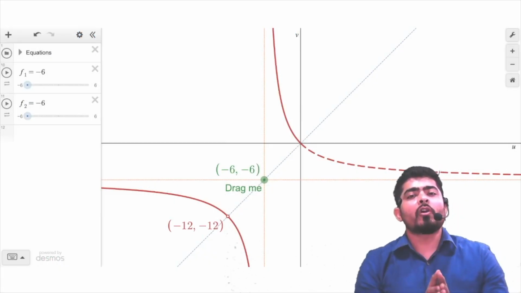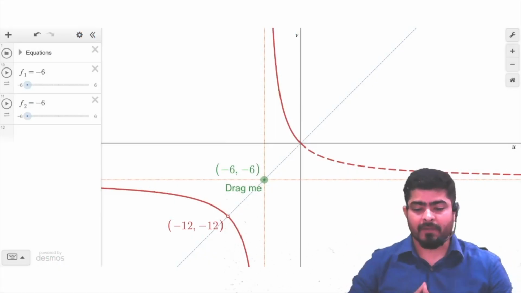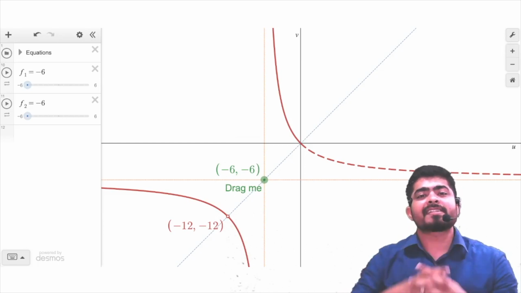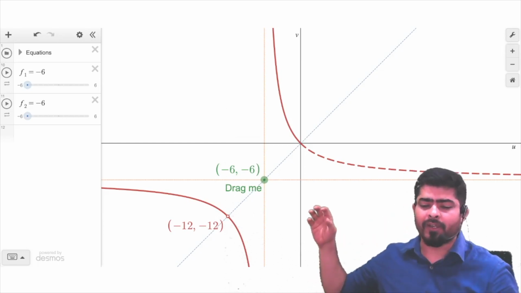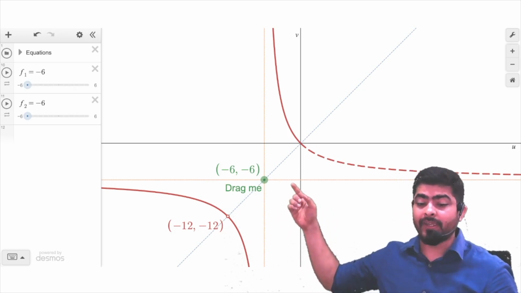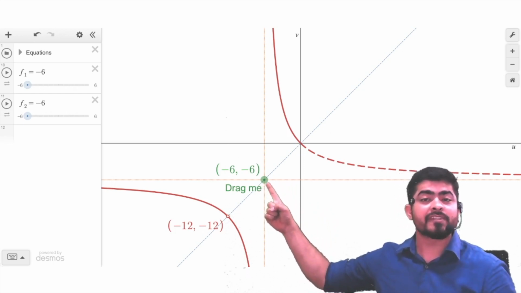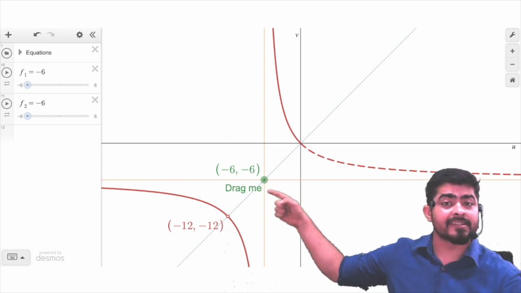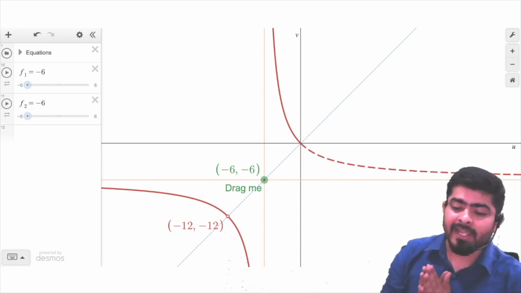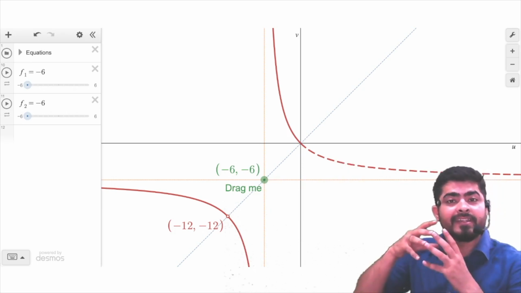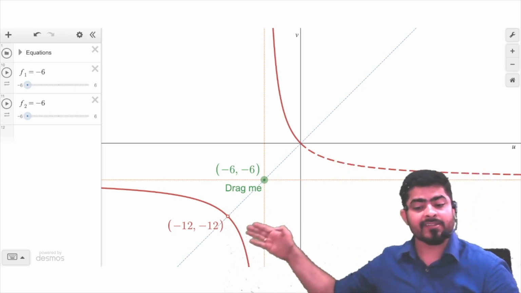So now let me show you all the graphs one by one on the Desmos graphing calculator. First of all, let's start with the concave mirror. In case of concave mirror, let us say that the focal length is -6. So my origin will shift to this point over here, -6 comma -6 in the third quadrant, and this is how the graph looks like. Now one more thing I have added over here, that for real object the graph will be a solid line.